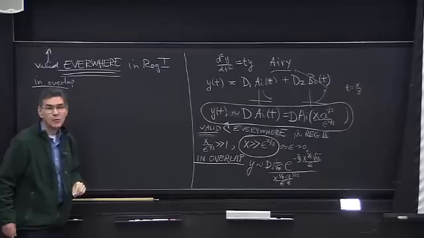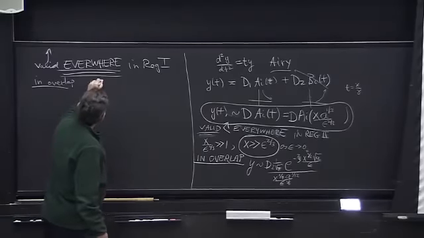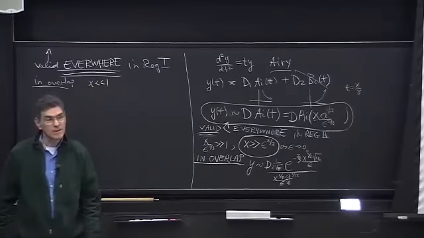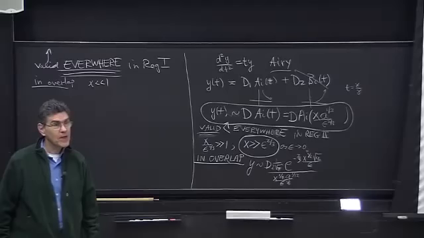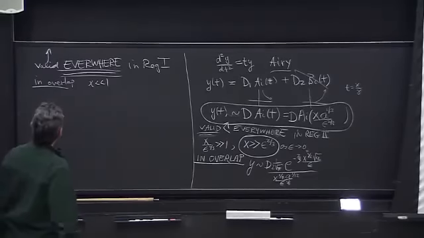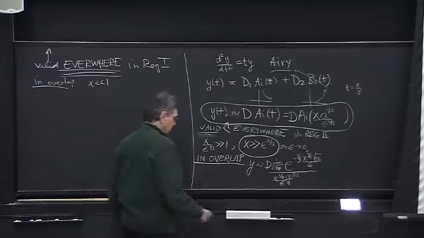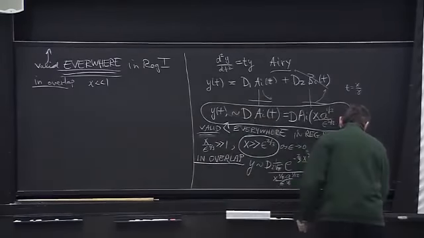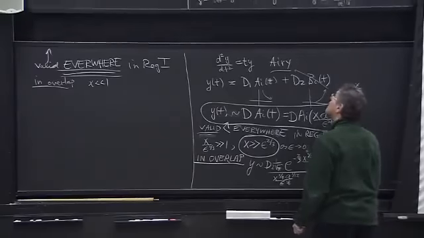In the overlap region, x is small compared with 1. If x is small compared with 1, now let's go down here.